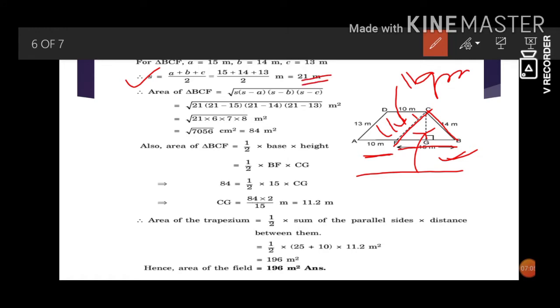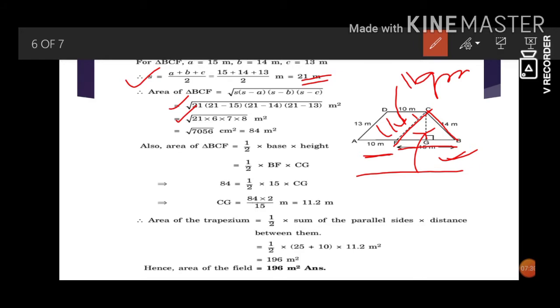Now we will find the area. So we have the formula root under S into S minus A, S minus B, S minus C. So we have root under 21 into 21 minus 15, 21 minus 14, 21 minus 13, which will give us root under 21 into 6 into 7 into 8.